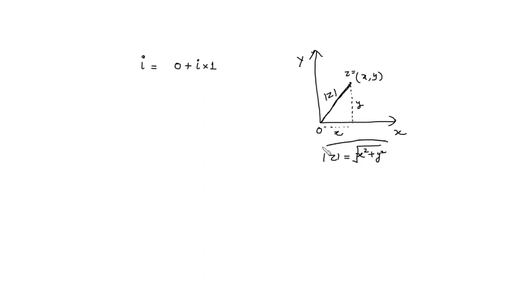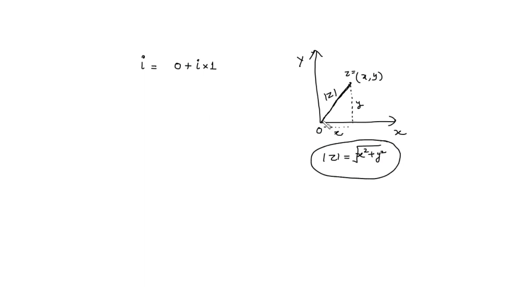Now see the representation of a complex number in the xy plane. This is our xy plane. Since a complex number is an ordered pair (x, y), this is a complex number where this distance is y, this is x, and this directed distance from the origin is the modulus of z, which is the square root of x squared plus y squared.